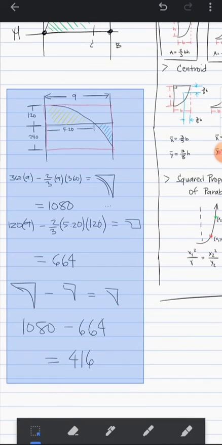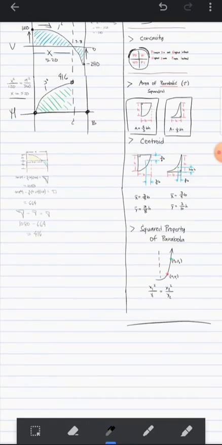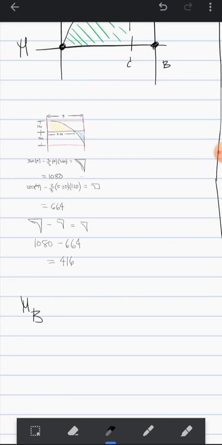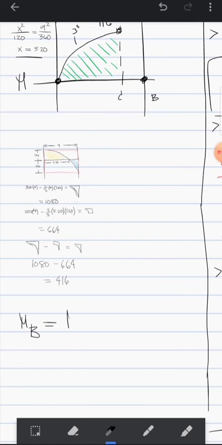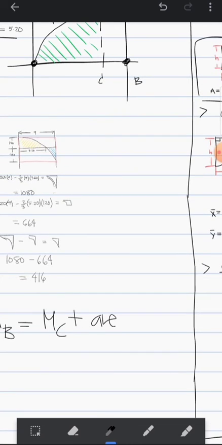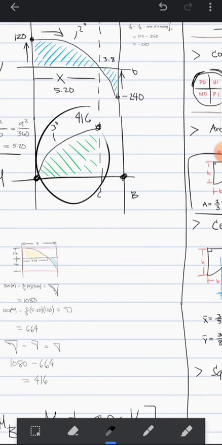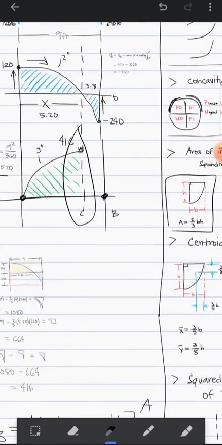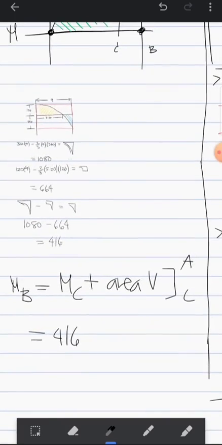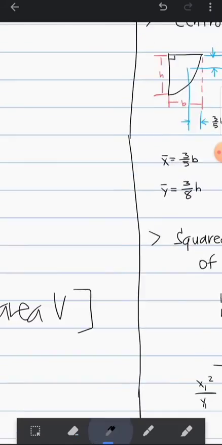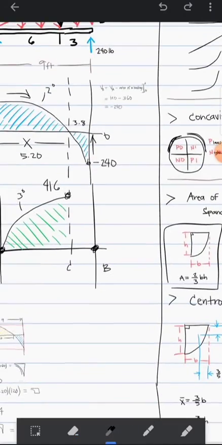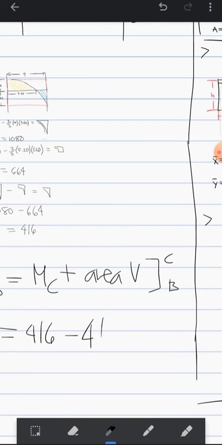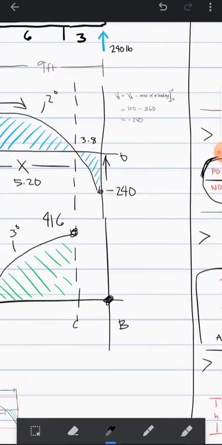Again, to get the moment at B, MB is equal to MC plus the area of shear from C to B. We know MC is 416, minus this area from C to B, 416. So 416 minus 416 is equal to 0, and we go back to 0 here.